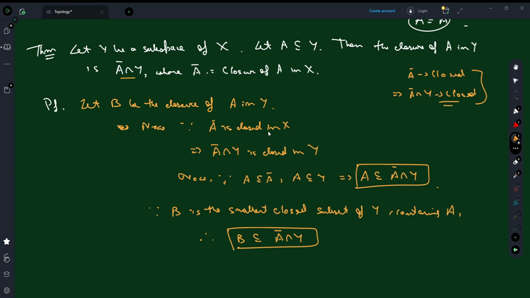B is indeed closed because B is the closure of A in Y.